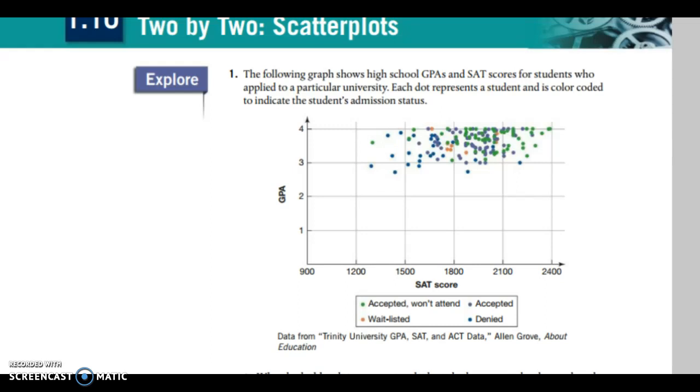And C, notice that there are blue and orange dots representing students who were waitlisted or denied. All right, so why would that happen? You look at this and you're like, well, some students look higher and they were denied compared to others. So there might be something else at play, meaning SAT and GPAs might not be the only thing that this college looks at.